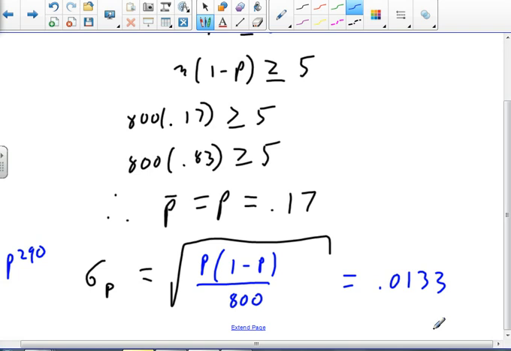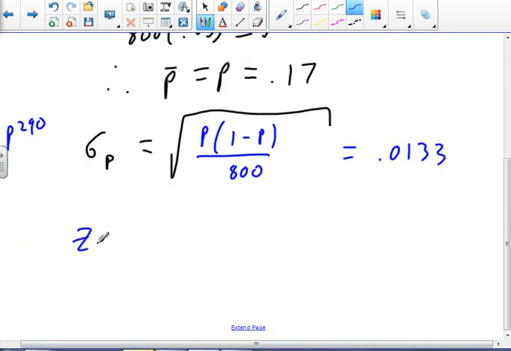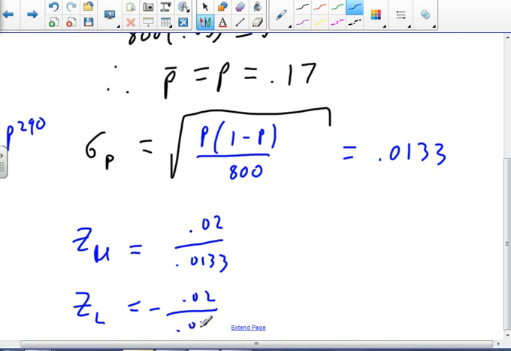Plus or minus 0.02. Okay, so we want to find the upper z and the lower z. 0.02 divided by 0.0133, and minus 0.02 divided by 0.0133. That gives 1.50 and minus 1.50.